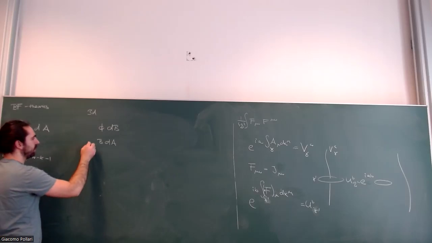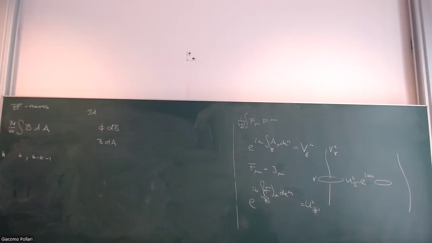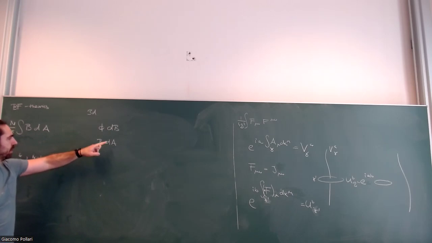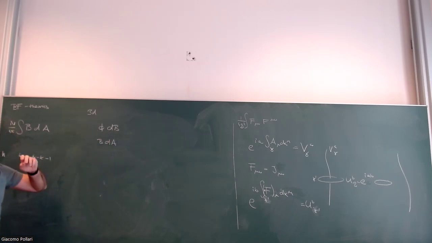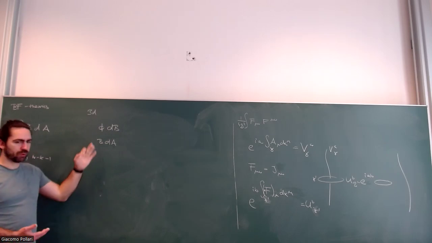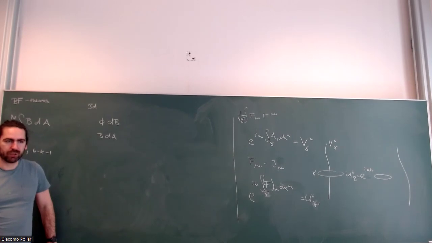Okay, so let's look at these two types of theories because they are interesting. What will be crucial is that these B's and A's, here the 2-form and the 1-form, will be something like connections. Technically, the 2-form will be a gerbe connection.